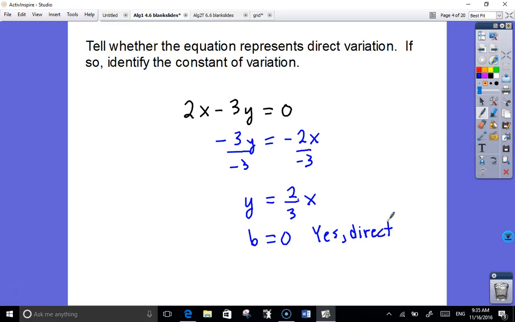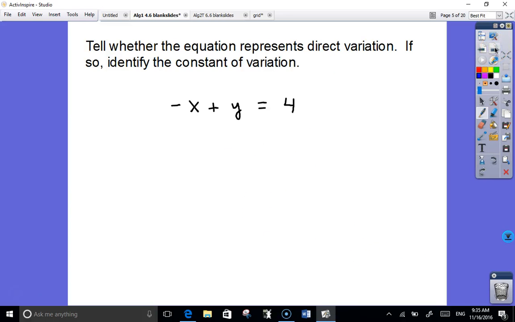And what is the constant of variation? The constant of variation equals 2/3. It's the slope. Pretty easy. You just have to solve for y. That's why we keep practicing this solve for y.